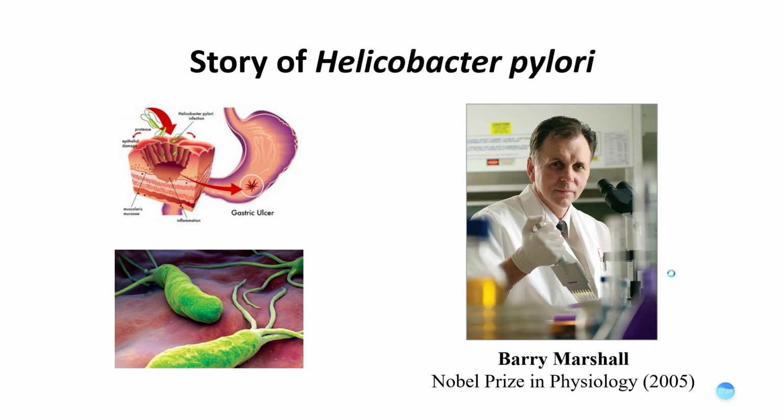And the story happened a long time ago, in the late 1970s or early 1980s. When he was a young doctor in the hospital, he was interested in the reason for ulcer in the stomach.